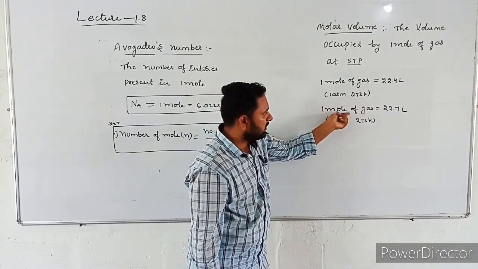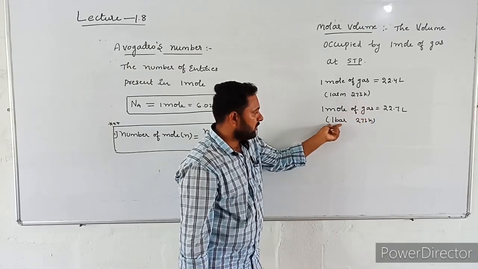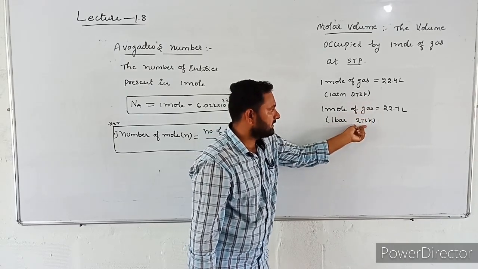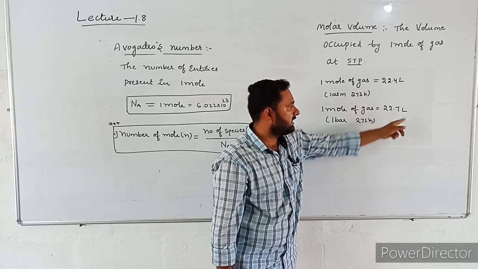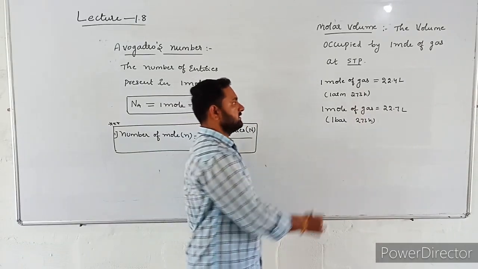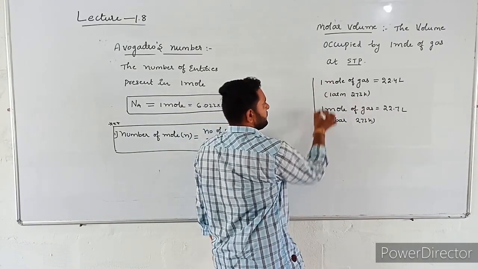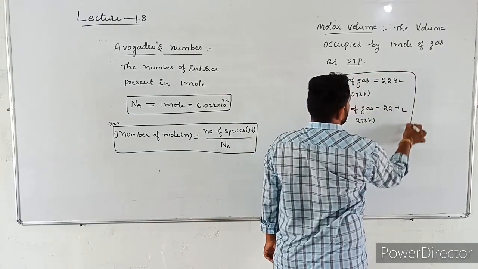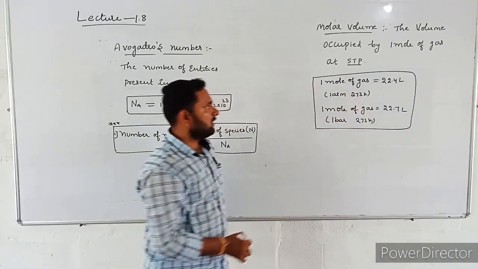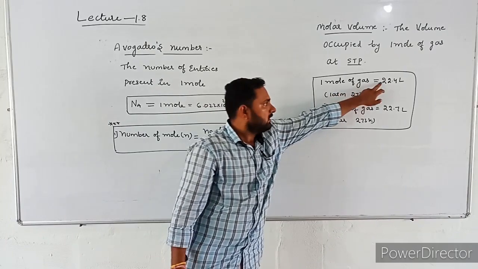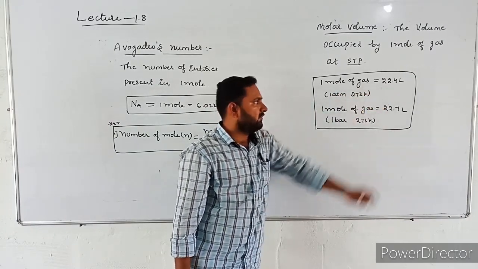For the same 1 mole of gas at 1 bar pressure and 273 Kelvin, 22.7 liter is required. This is constant. It is fixed. It is very important. You have to remember. 1 mole of gas is equal to how many liters? 22.4 liters.